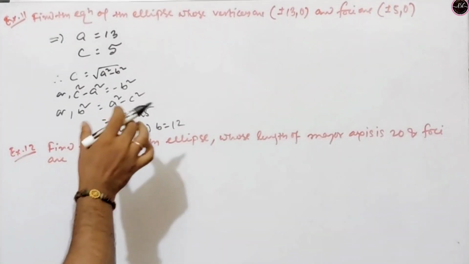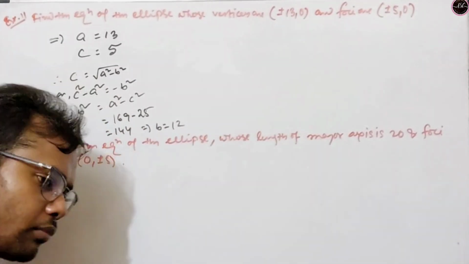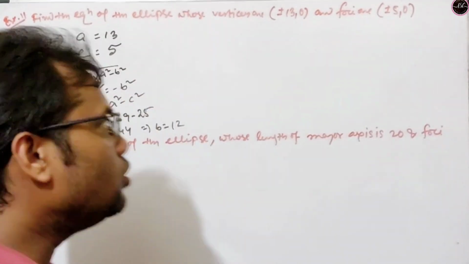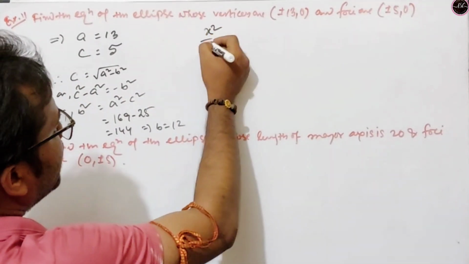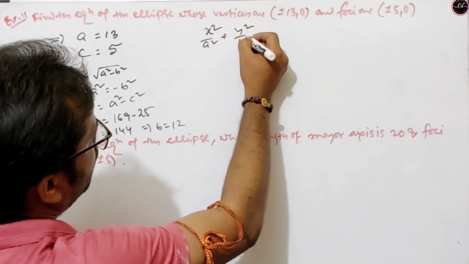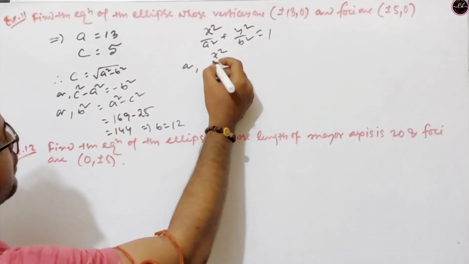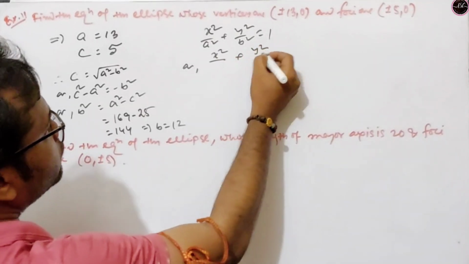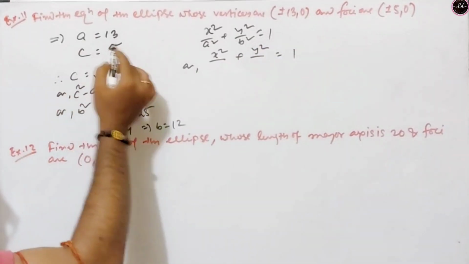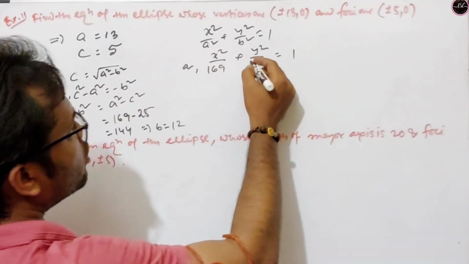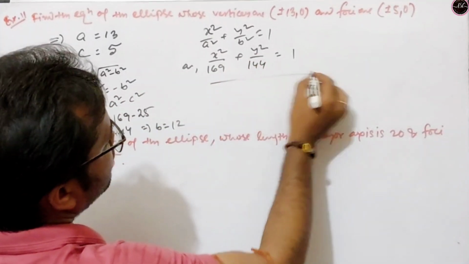When the major axis is the x axis, the equation will be x square by a square plus y square by b square equal to 1. Here a equal to 13, a square equal to 169 and b equal to 12, b square equal to 144. That is the required equation.